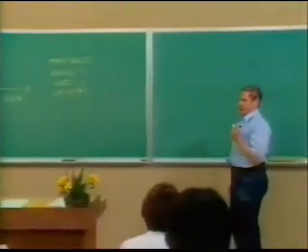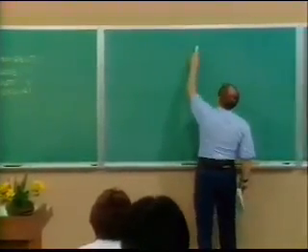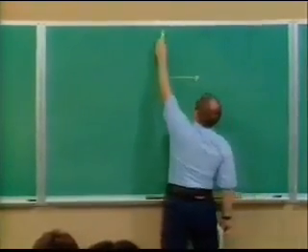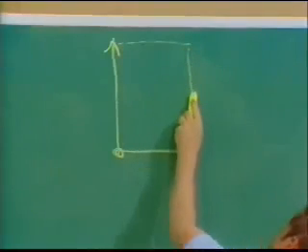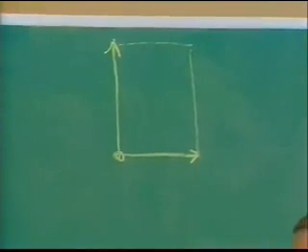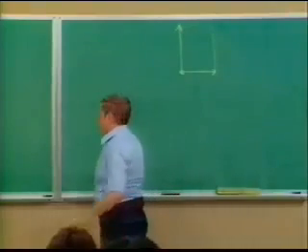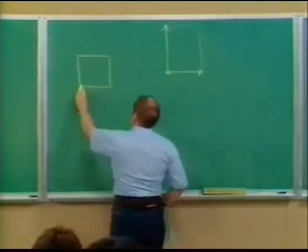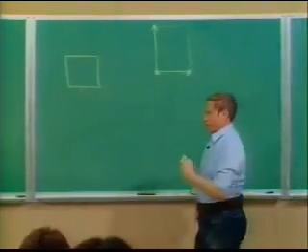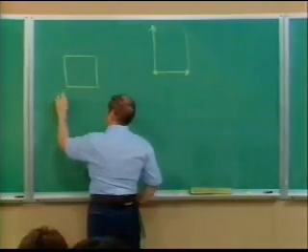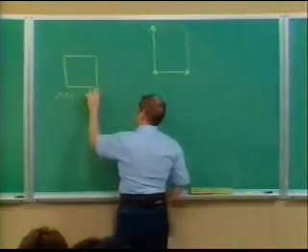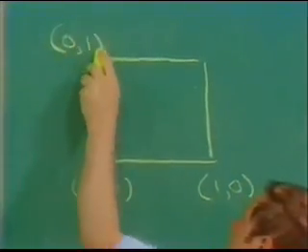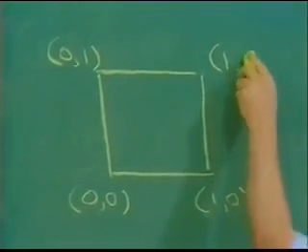Well, one way to think about that is that anytime I give you a rectangle, that defines, in some sense, a transformation from the standard square into that rectangle. Let me see what I mean. By the standard square, I mean something which is a square whose coordinates are 0, 0, and 1, 0, and 0, 1, and 1, 1.